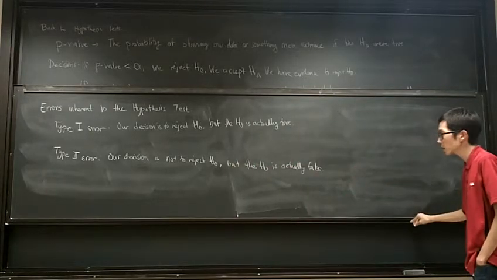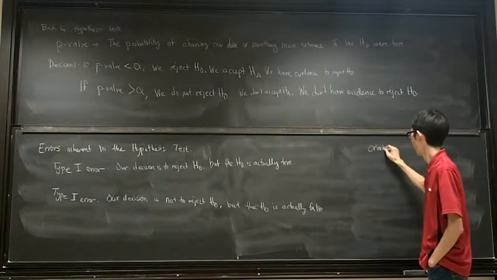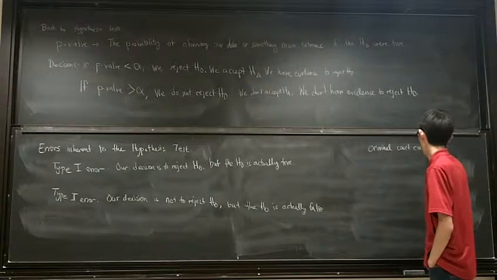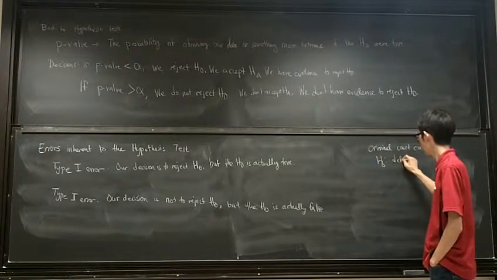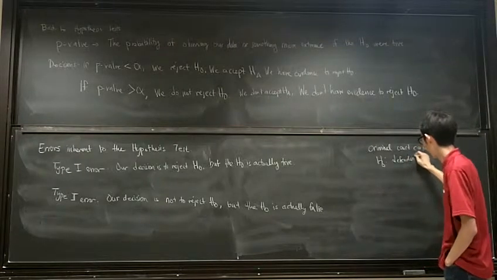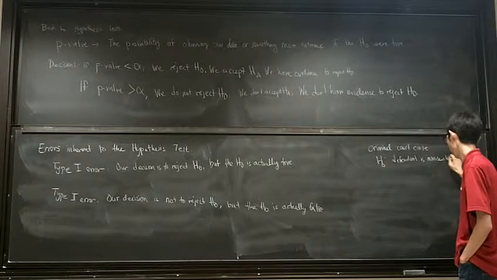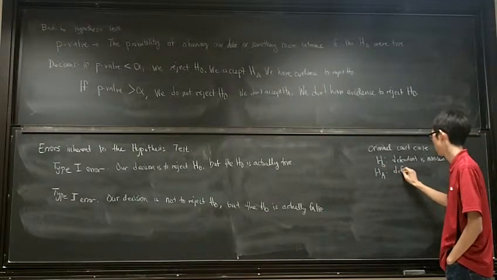If we think of a criminal court case, the null hypothesis is that the defendant is innocent, and the alternative is that the defendant is guilty.